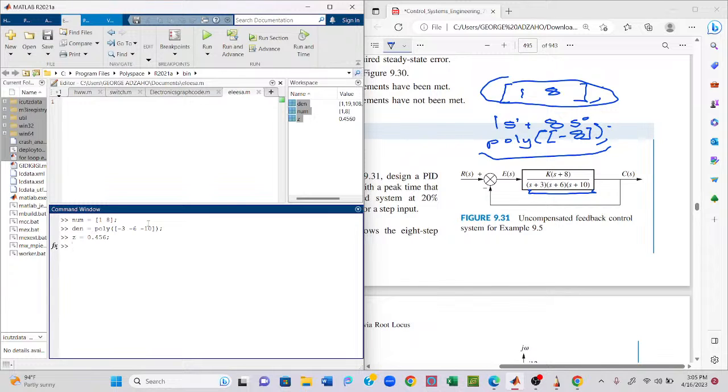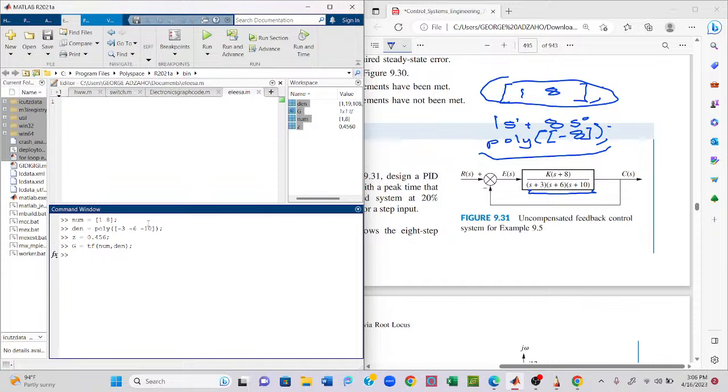I need to plot the root locus. You need to express the numerator and the denominator as a transfer function. So a variable gen is equal to tf of numerator, comma, denominator, terminated.